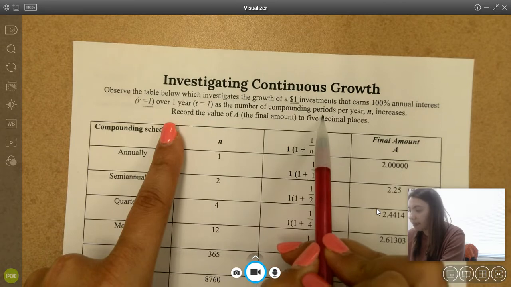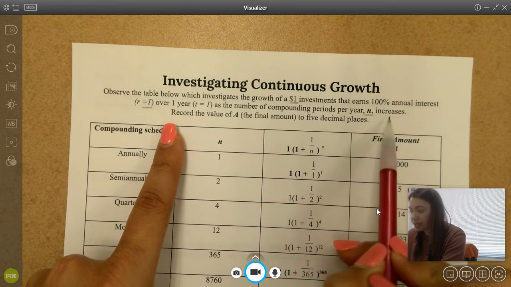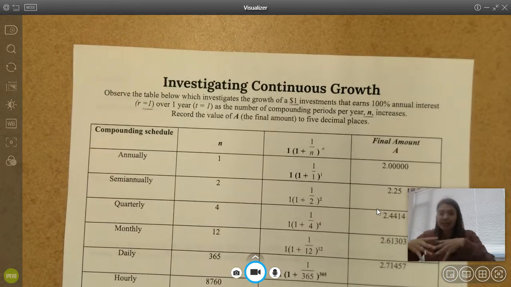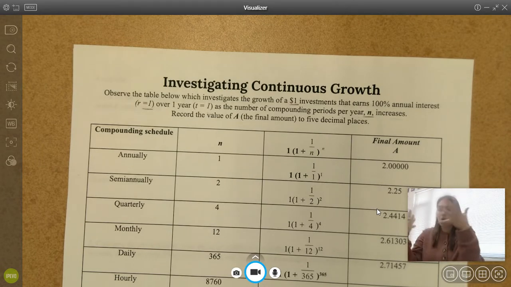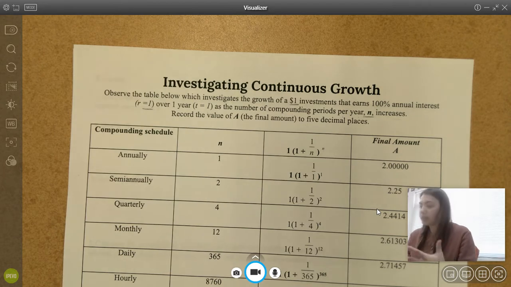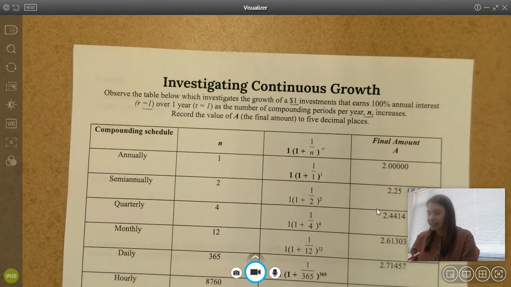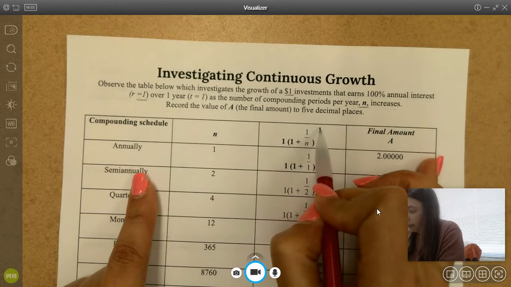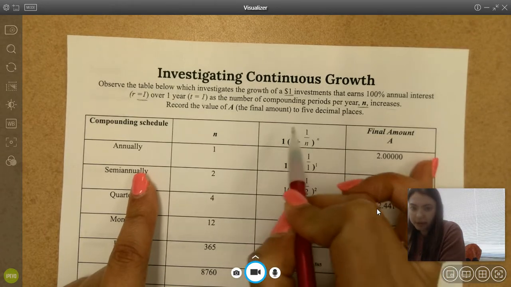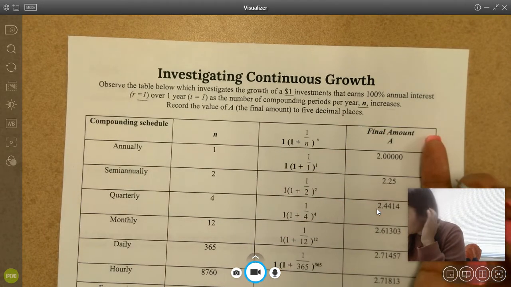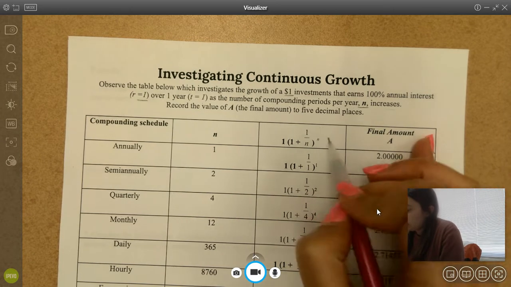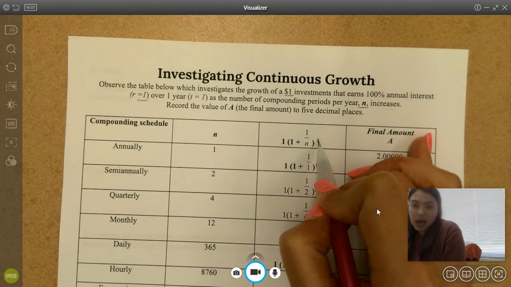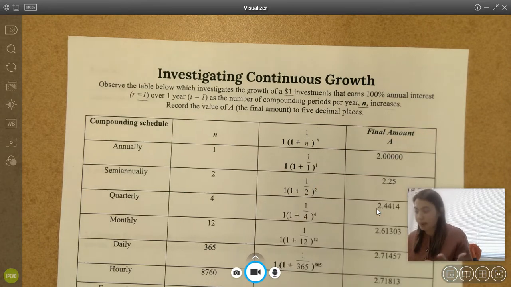As the number of compounding periods per year, which is n, increases, our A value is also increasing, okay? So when we compound annually, we're investing $1 and it earns 100% over that year, we are going to be using the compound interest formula, which we see right up here, with n being what we're compounding by.